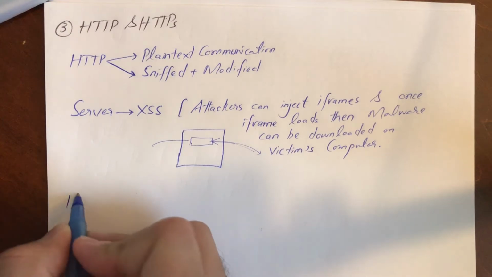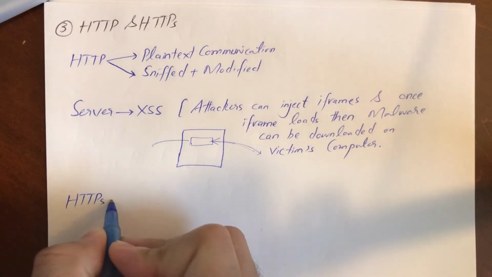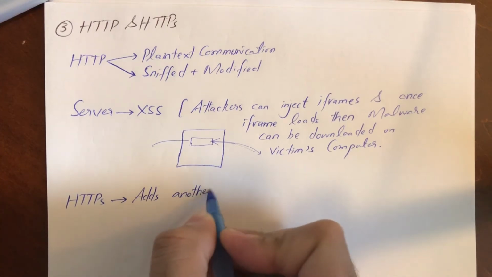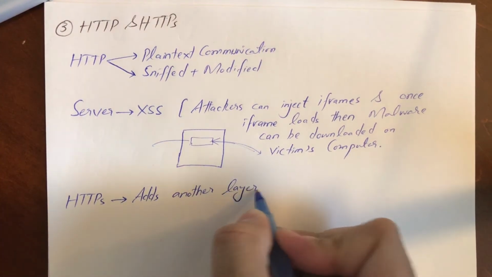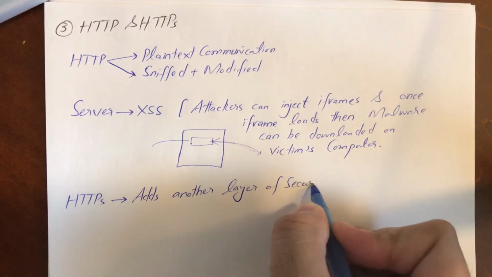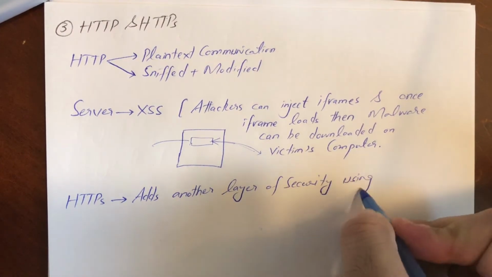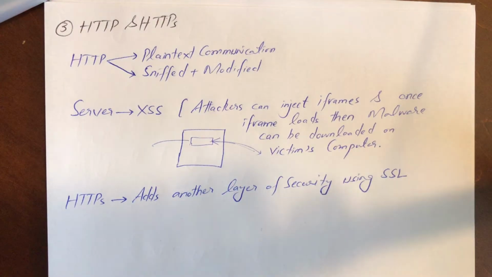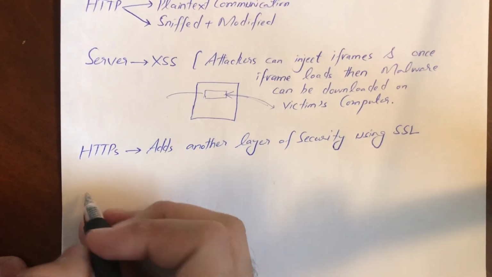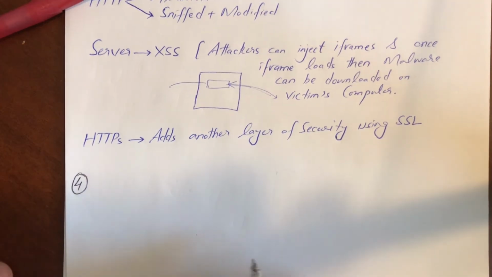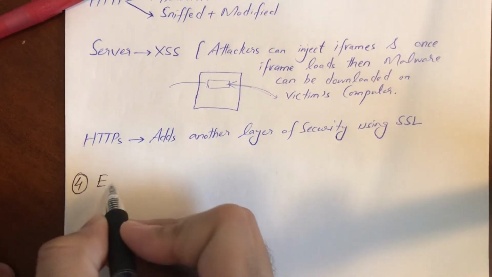Other than that, as you know, in HTTPS, we actually add another layer of security using SSL, secure socket layer. Next is the fourth part. The fourth is the email protocols.